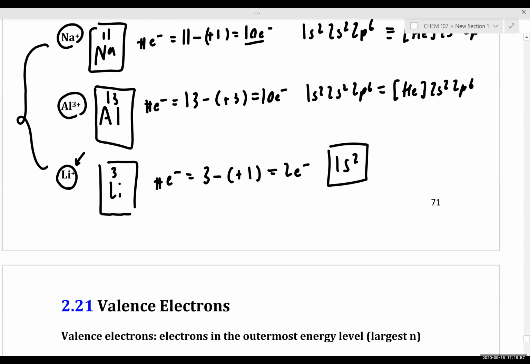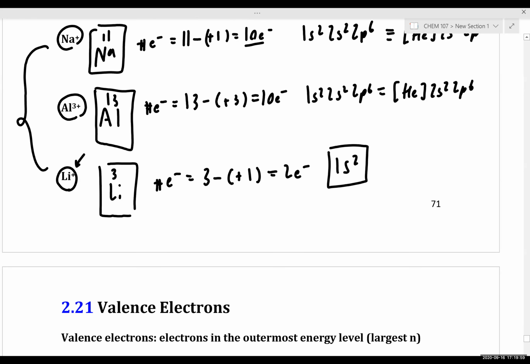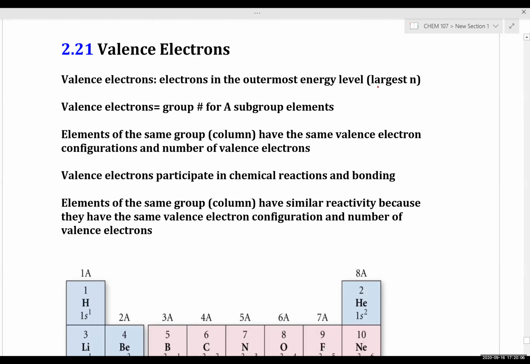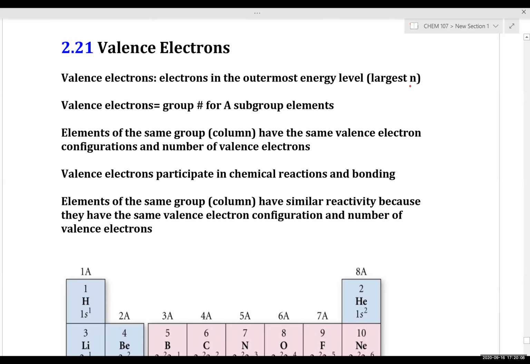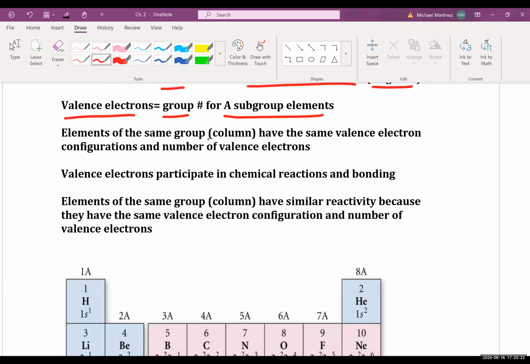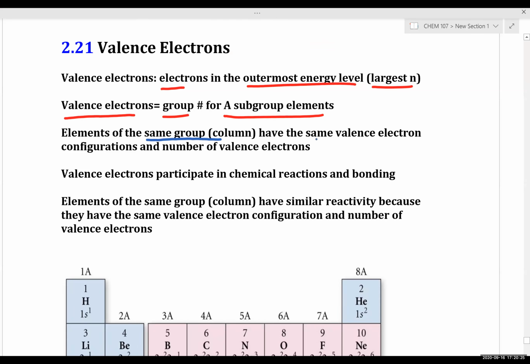Okay, so let's talk about valence electrons now. Valence electrons are best defined as electrons in the outermost energy level with the largest N value. The valence electrons are also equal to the group number for main group elements. Further, and this is really important, elements of the same group, in other words column, have the same valence electron configurations and number of valence electrons.